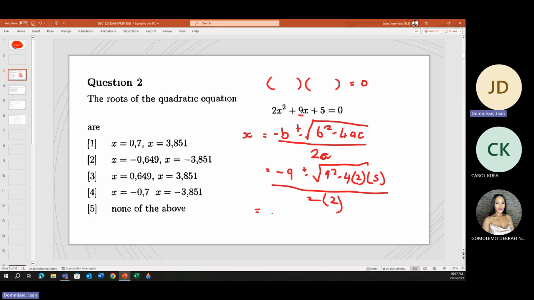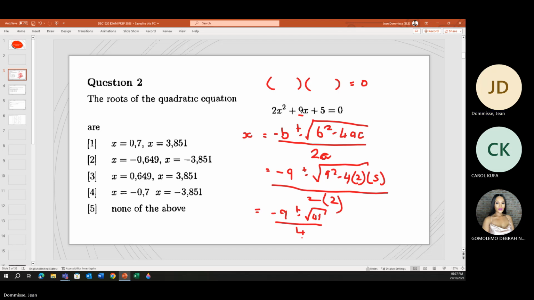Okay, so let's just check. Plus minus the square root of 81 minus 40, which is 41, divided by 4. Okay, so the square root of 41, and let's do it first as a plus.